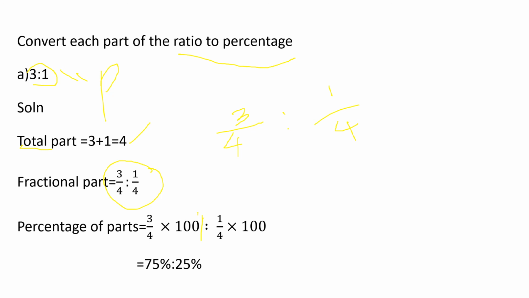For example, if the question is 3 is to 1 is to 4, three numbers are there, so first you add 3 plus 1 plus 4 and write the total, and the remaining is the same method. Then you write that in fractions. Percentage means you multiply by 100, cancel it and write the answers in percentage.